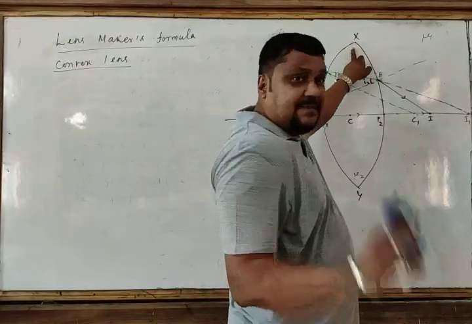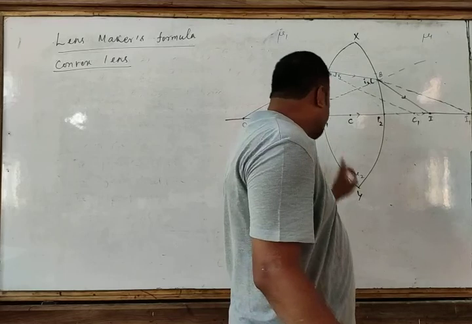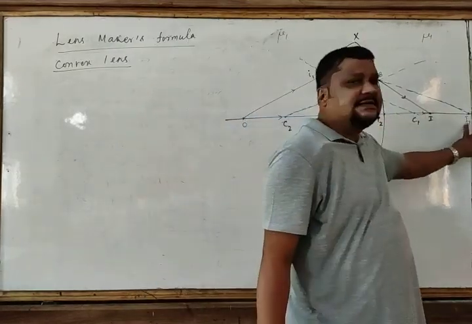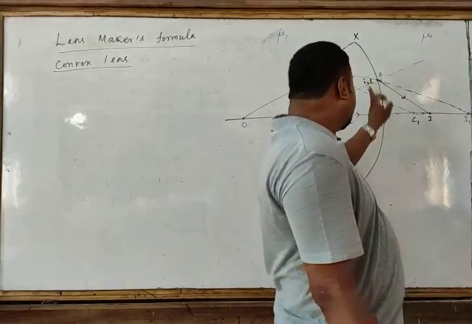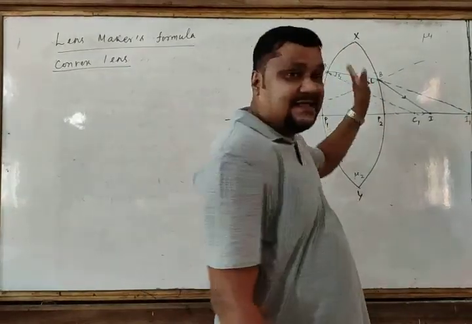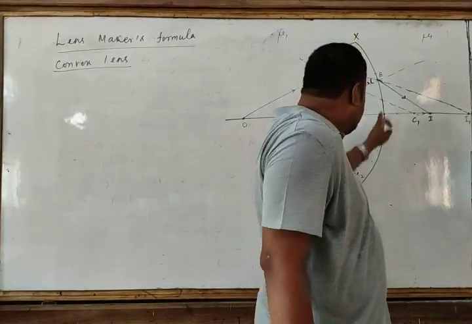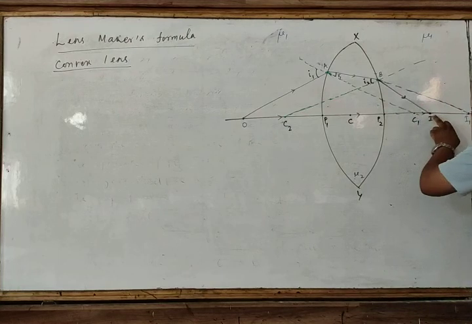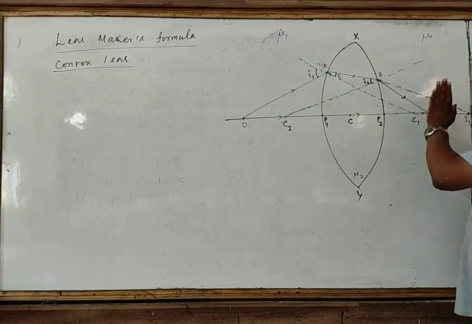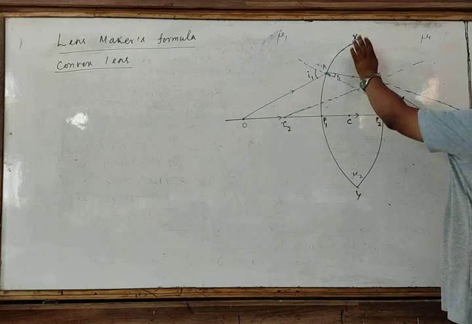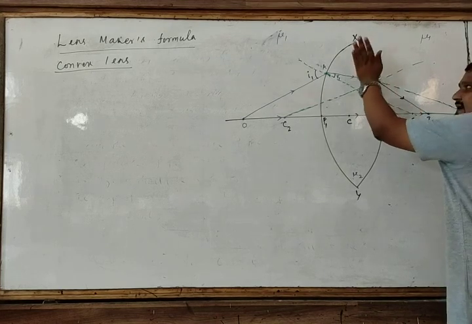But for the surface XP1Y, if the other surface is not there, O is the object and I1 is the image. Because of the lens, I is the final image of the object. And for the surface XP2Y, if I see this ray from this side, I will find that this ray is coming from the denser medium.